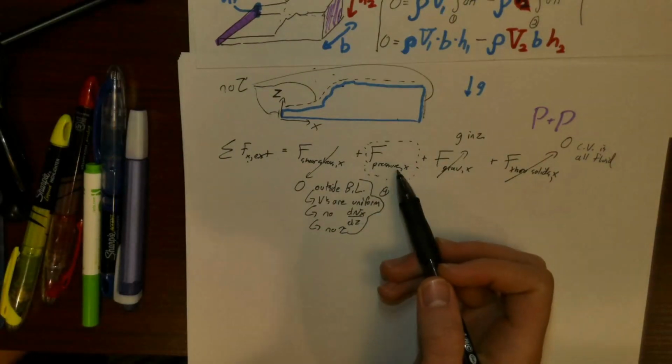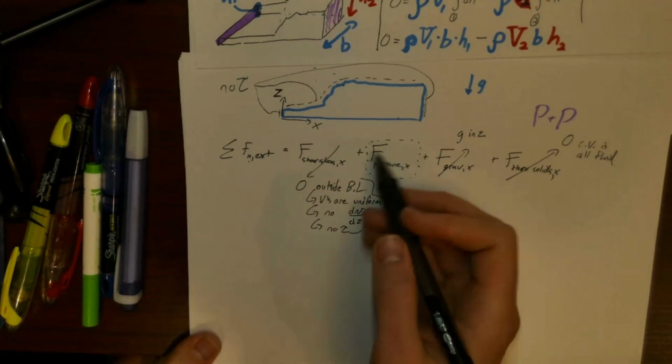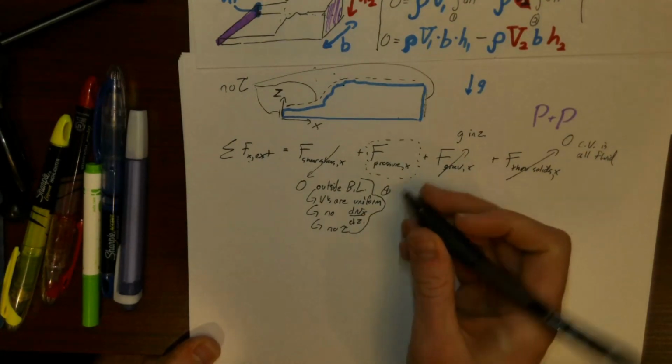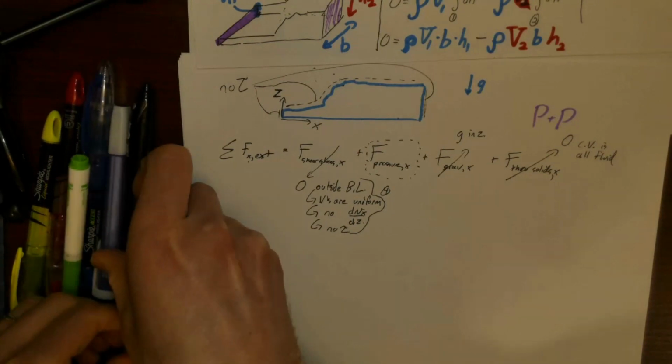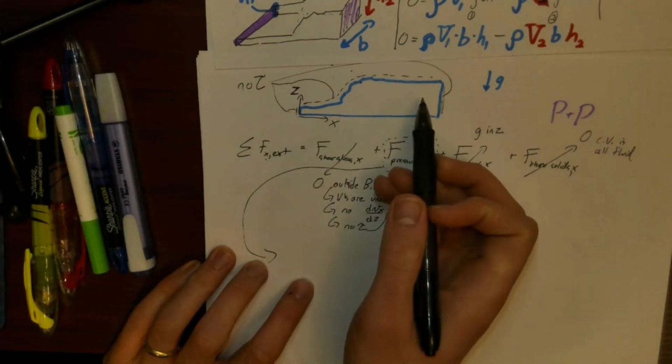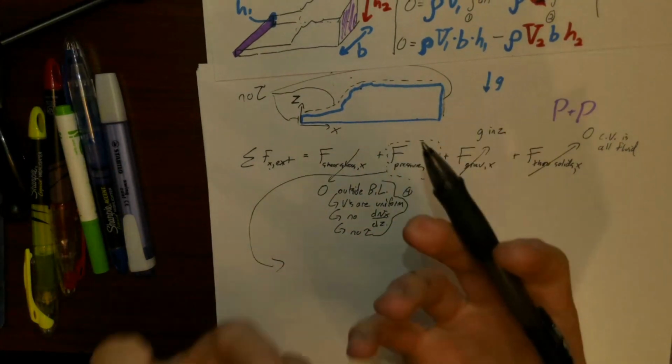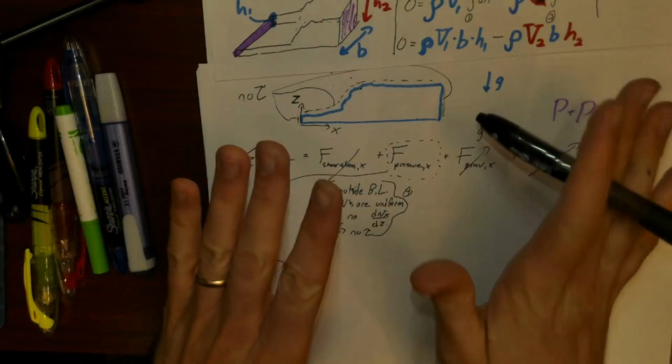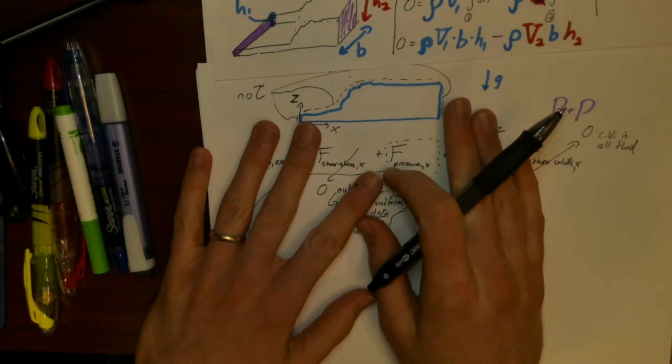Well, hopefully you've had a chance to pause and ponder this. It turns out, yeah, we're going to need to deal with pressure from these forces in x. Strictly speaking, these fluids are moving, so we really can't quite assume hydrostatics.